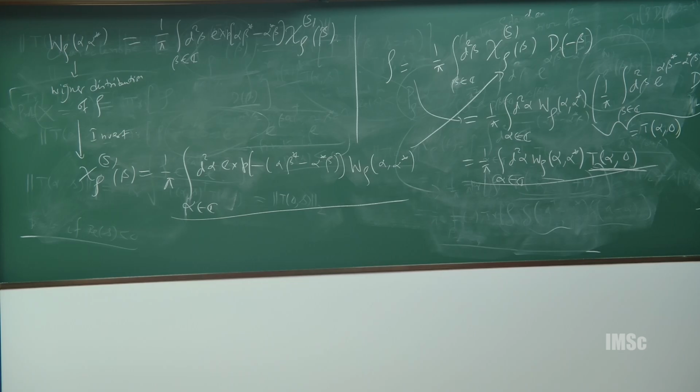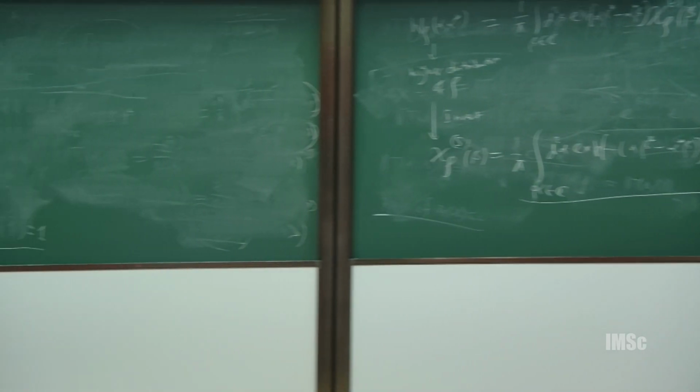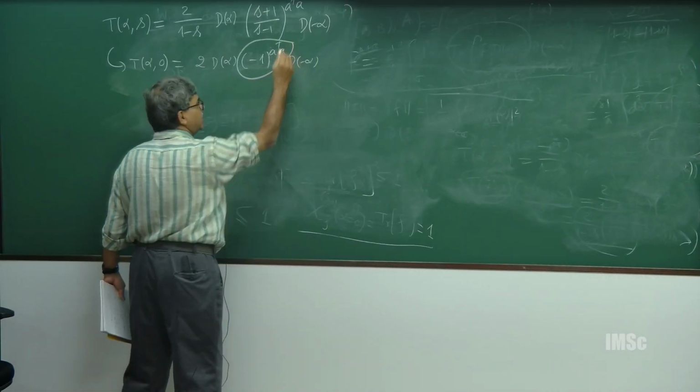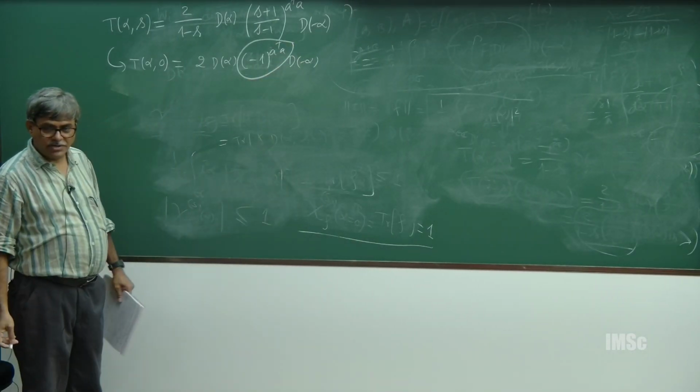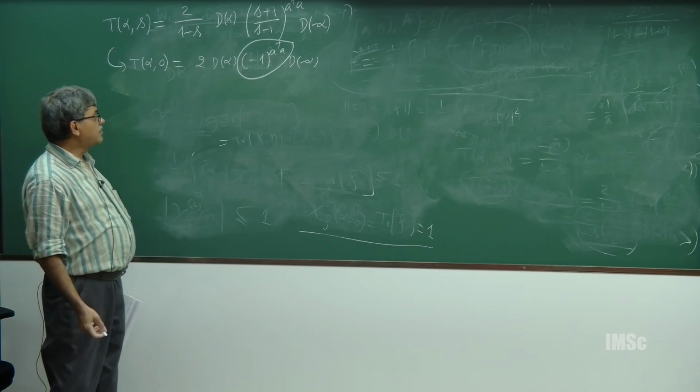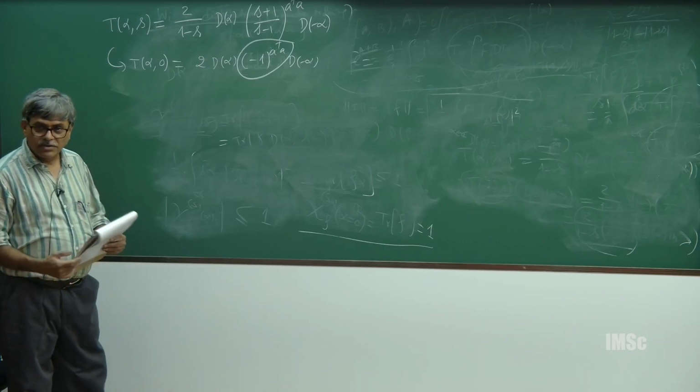This is what we mentioned in the beginning. So, if I take T of alpha 0, this is 2 D of alpha times minus 1 to the power a dagger a, D of minus alpha, because s is 0. Now, what is this operator? This is the parity operator, right. It has eigenvalues plus minus 1.